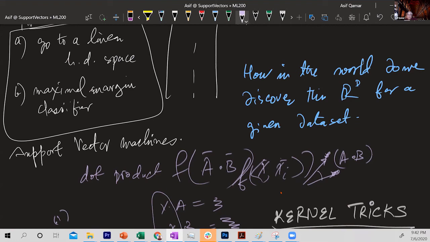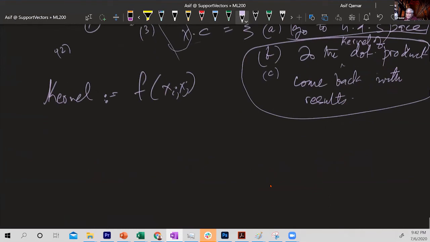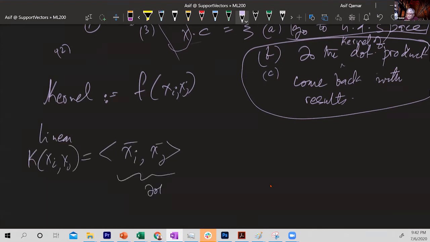One is the linear kernel. What is the linear kernel? The linear kernel K(xi, xj) is quite literally the dot product between xi and xj, also written as xi dot xj.